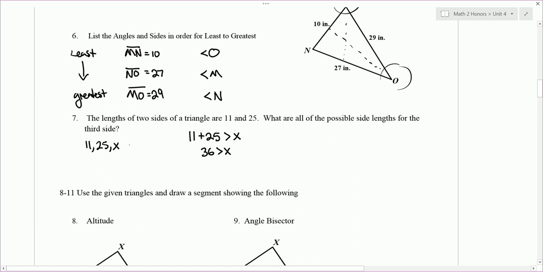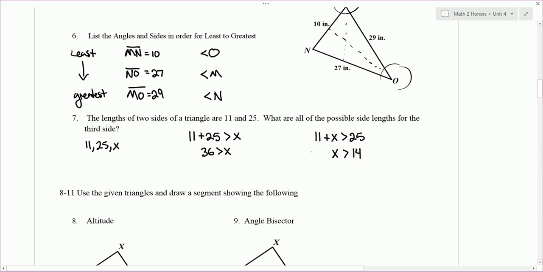But what if x is not the largest? Then 25 would be the largest, and we'd get from the triangle inequality that 11 plus x has to be bigger than 25. Solving for x here, we get x has got to be bigger than 25 minus 11, which is 14.